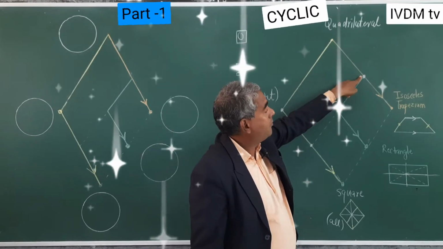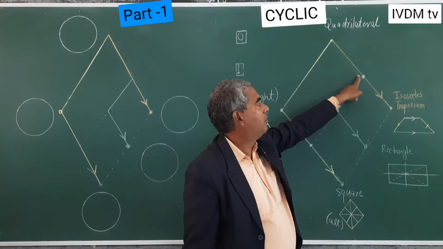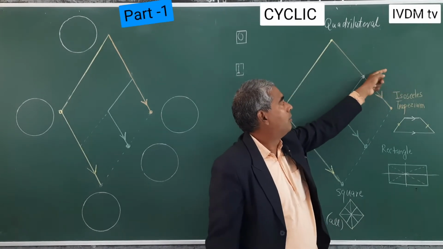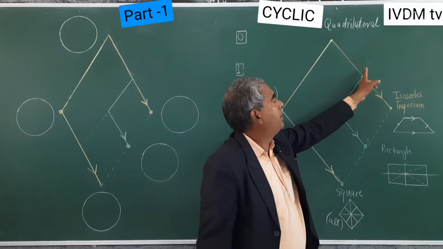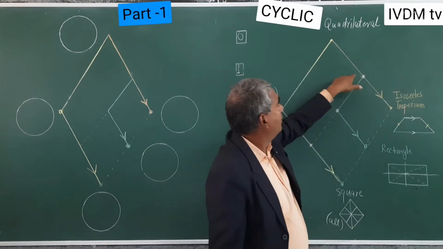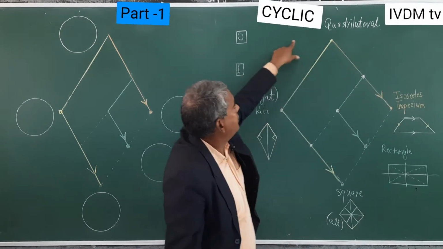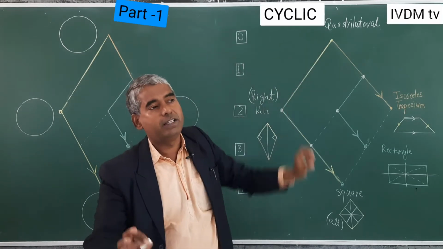Here is the isosceles trapezium, only one pair of opposite sides, but the rest, no information. So I have written 0 in front of this.